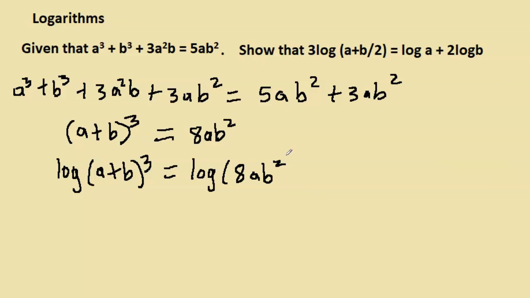So log both sides, right? Now the left hand side, this power we can always move to the front here. So it's 3 log (a plus b).